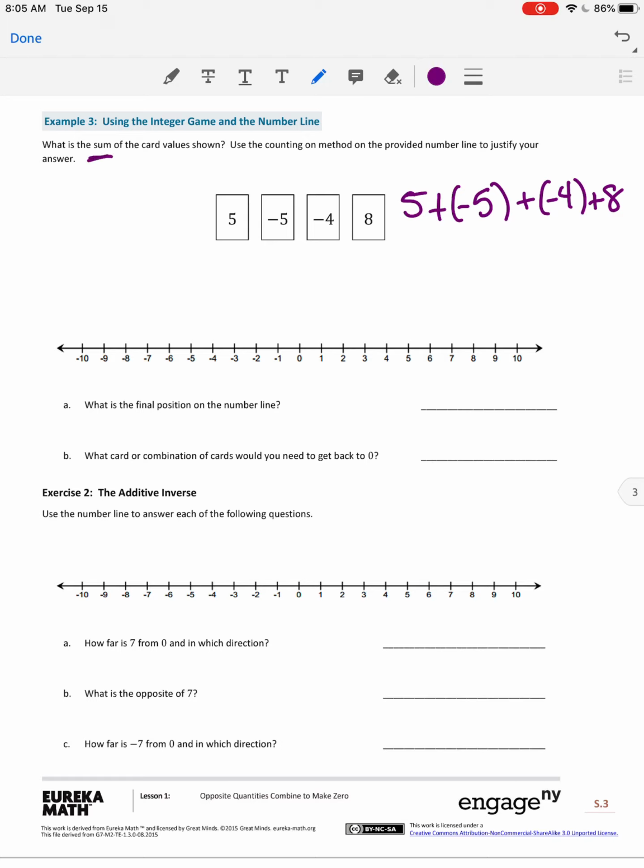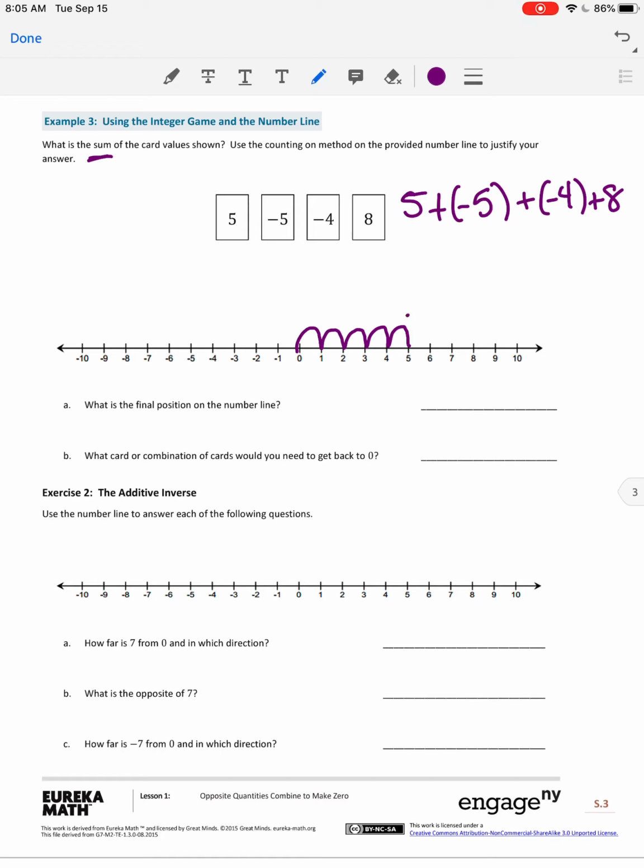So if I'm finding the sum, I'm going to move on the number line the distance that it tells me to move, right? So because this is a +5, I'm going to start at 0, and I'm going to go 5 spaces to the right. 1, 2, 3, 4, 5. Well, that puts me there. But then I have plus -5. So now I have to move to the left or count down 5 spaces.